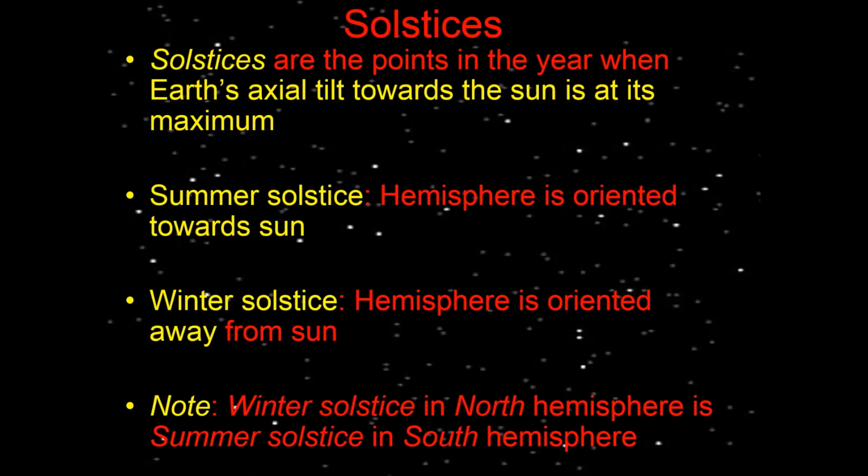When it's summer in the north, it's going to be winter in the south hemisphere. And likewise, when it's summer in the south, winter in the northern hemisphere. So things are always opposite from hemisphere to hemisphere. If I'm talking about the solstices, I'll generally try to talk about them from the northern hemisphere, which is where we're experiencing from.